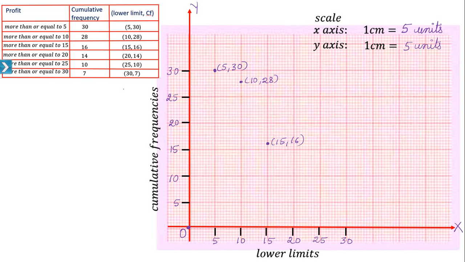That is 2 lines below 15, that is 20, 14. Next point is 25, 10. So, 25, 10 is here.